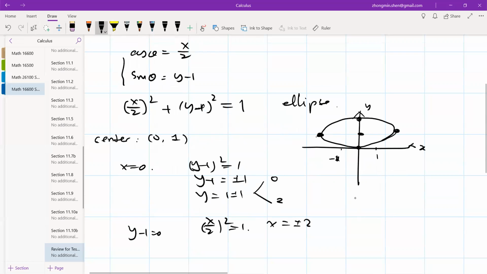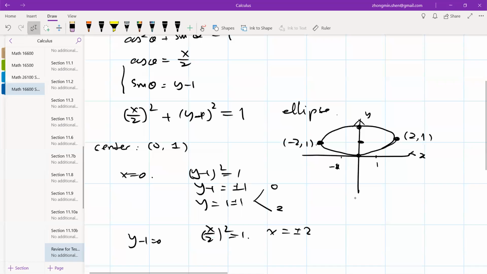So you have negative 2, 1 and 2, 1. That's why you get the vertices of the ellipse. So this is the curve, and then the orientation goes in that direction.